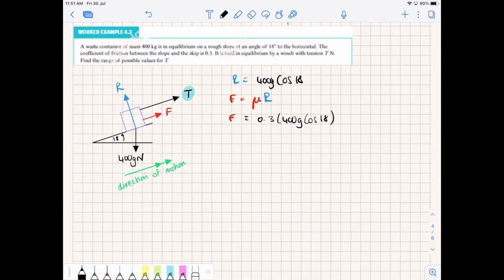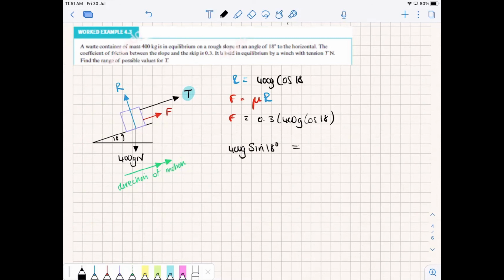Right, now we just need to solve for T, and we need to resolve in the direction of motion. So the only force acting against the direction of motion is going to be this horizontal component from the weight. That's going to be the opposite side from my 18 degrees, so it will be sine 18. And it's all by itself.